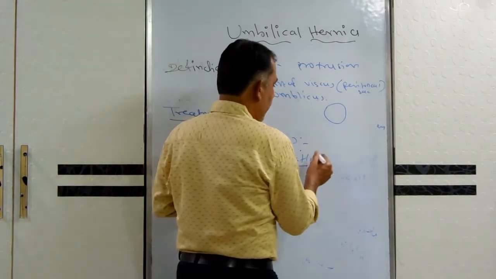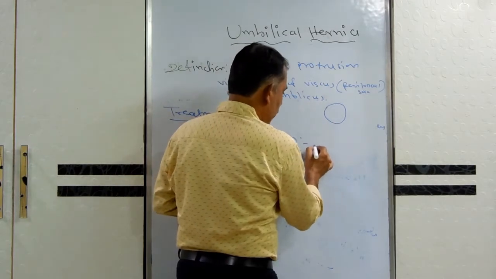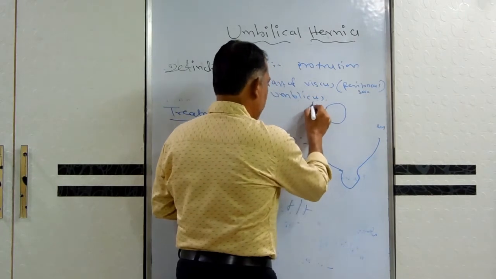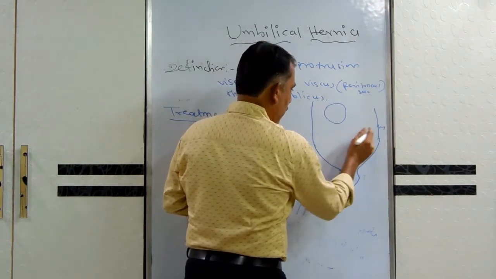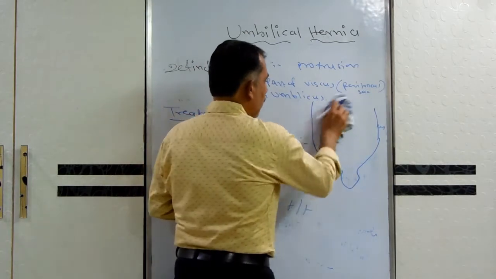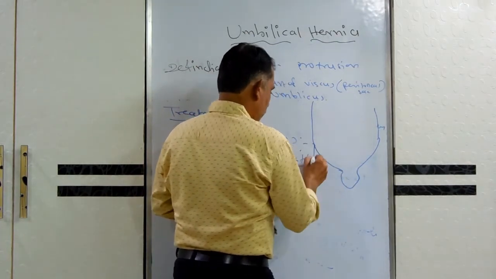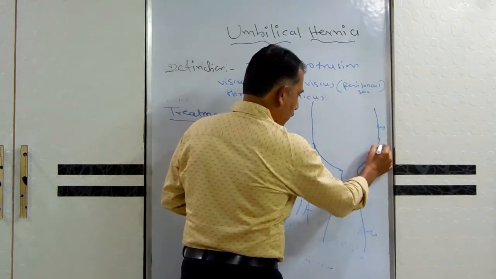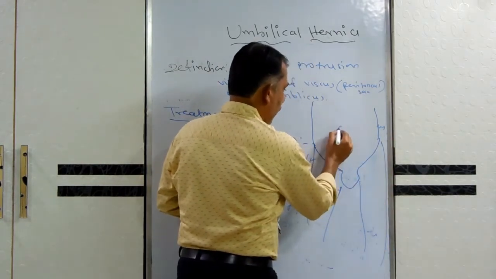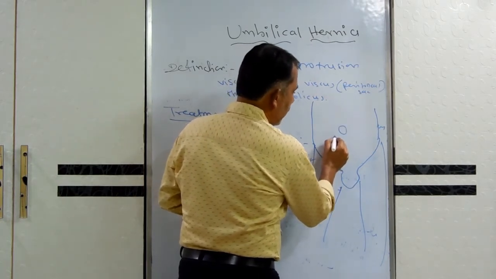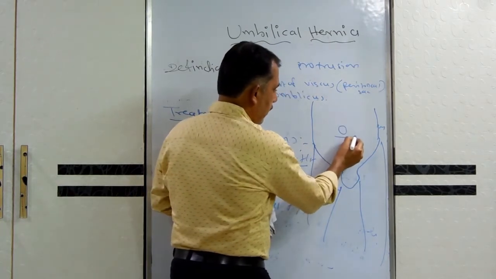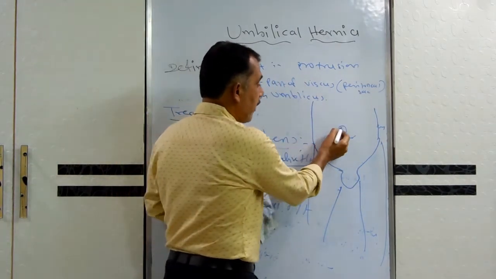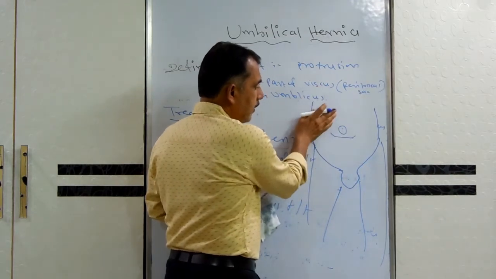So when you are going to do the operation, you have to take the transverse incision below the umbilicus, like this long incision, and the flap should be reflected upward, isn't it?